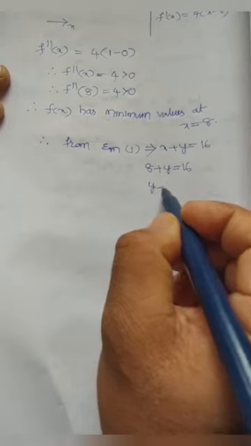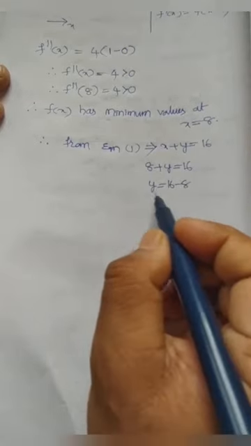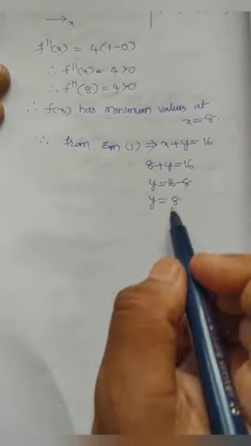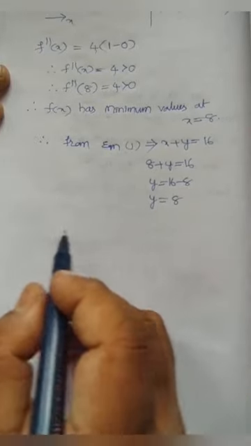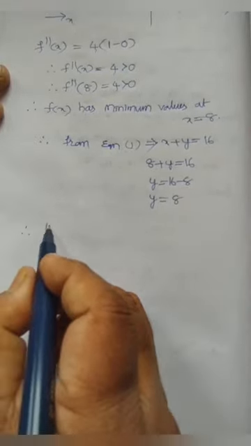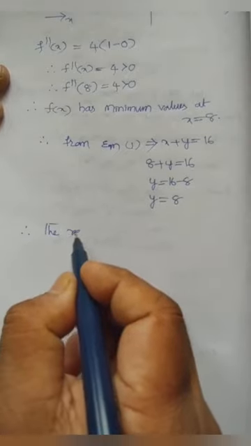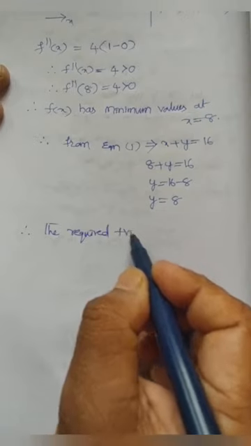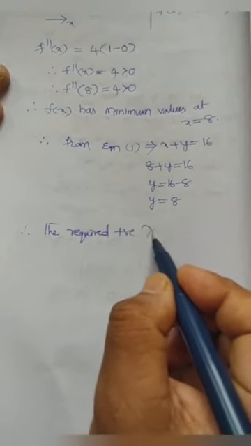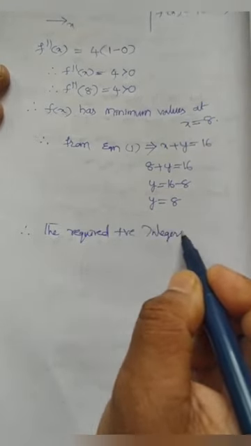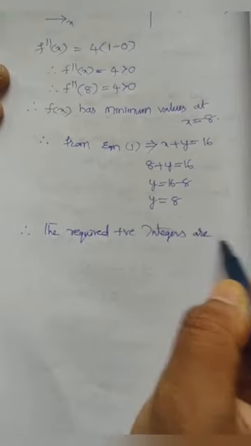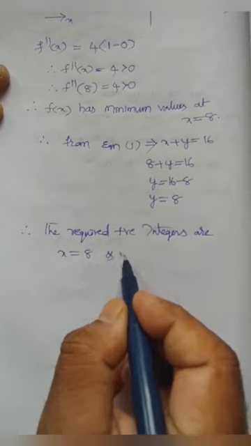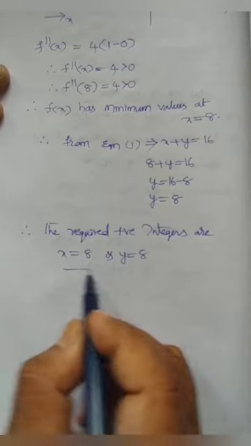So y is equal to 16 minus 8. So the second positive integer we also got here: 8. Therefore the required positive integers are x is equal to 8 and y is equal to 8.